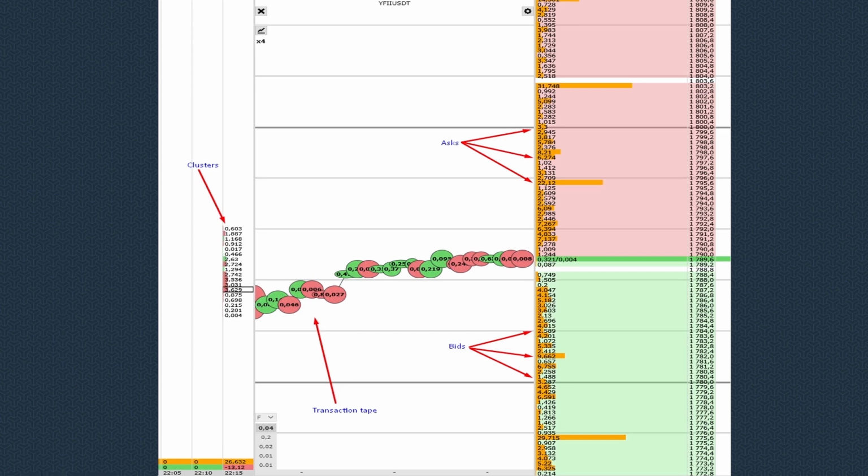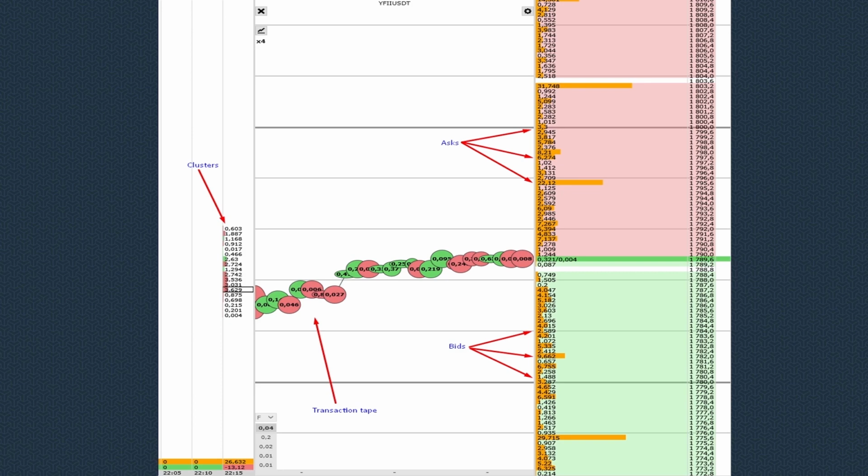So clusters show us what happened before. In this 5 minute candle, someone bought here, someone sold here, and the total volume was this number. Finally, the order book is the only instrument on the market which helps you understand what is going on with the instrument right at the moment.